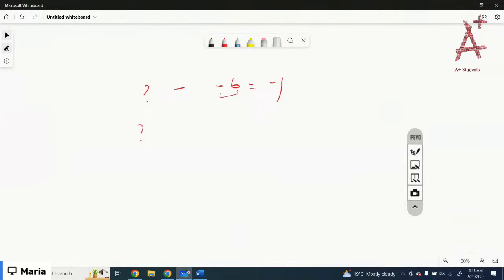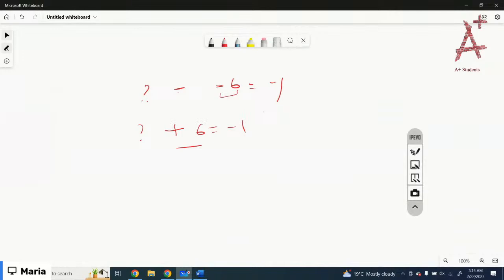Got it? Here you have minus and minus. Subtracting a negative number is the same as adding. You are subtracting a negative number from the missing number. So actually it is missing number plus 6 equals negative 1.